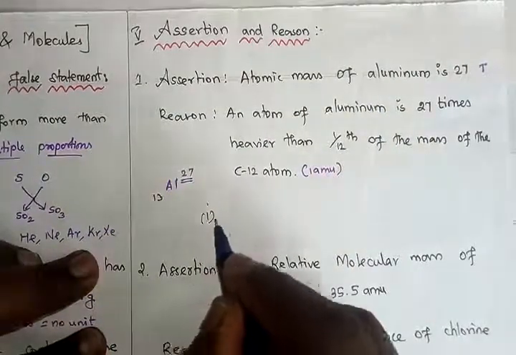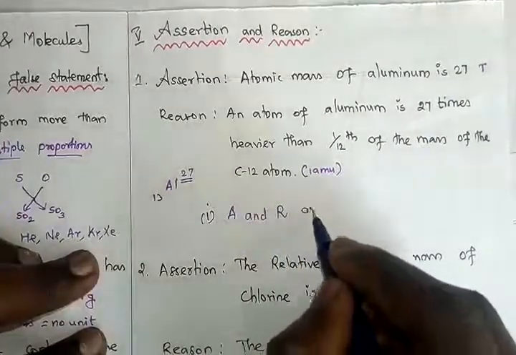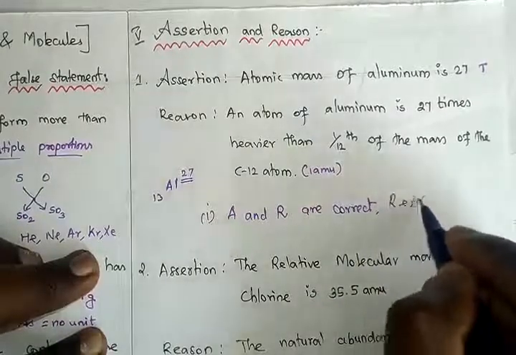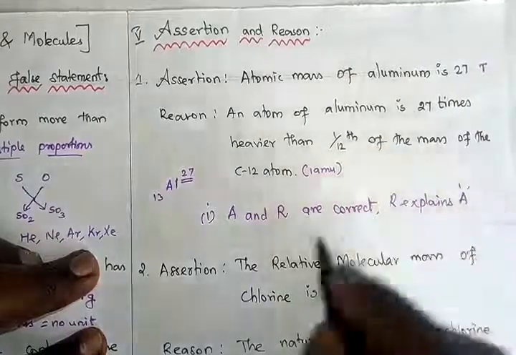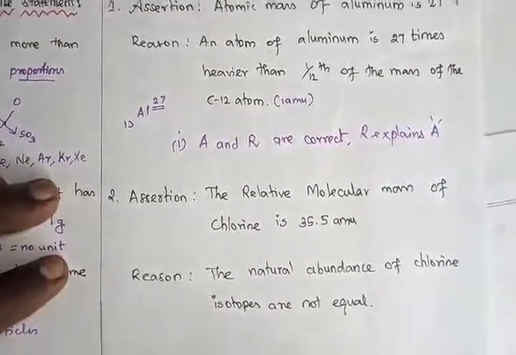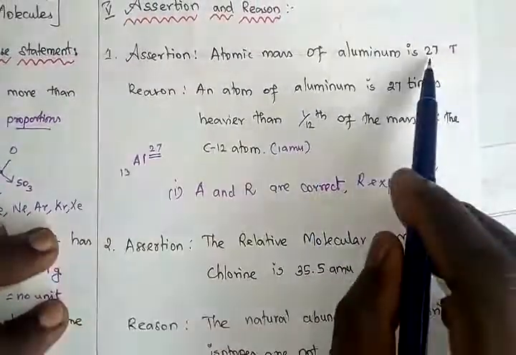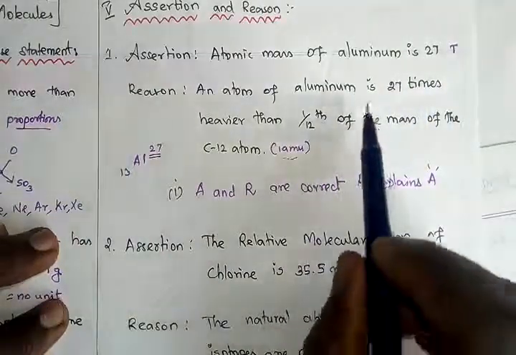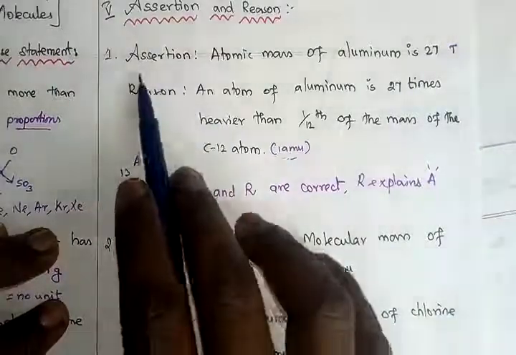The answer is the first one, A and R are correct, R explains A. Now come to the next one. When you compare, you can easily answer, right? Because this is 1 AMU, then the mass is 27, so 27 times heavier than 1 AMU. So the reason explains the assertion.